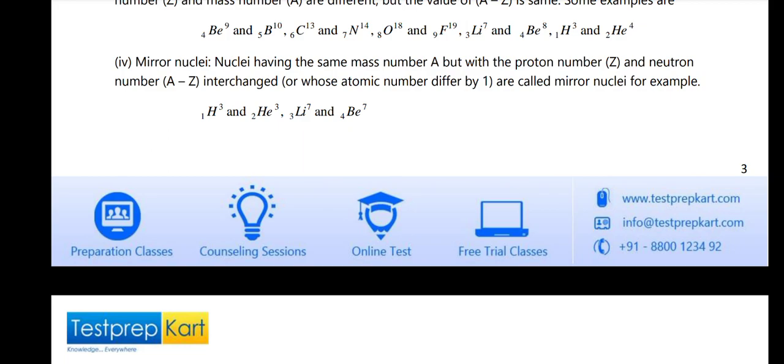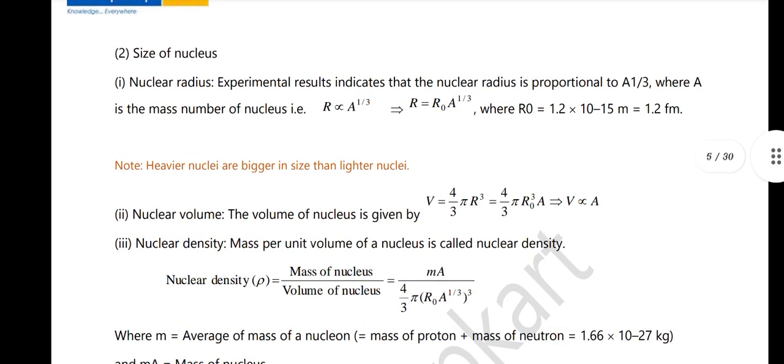Means the nuclei have the same mass number, but the proton number and neutron number, which is A minus Z, mass number minus proton number, are interchanged. Okay, I think you understand.